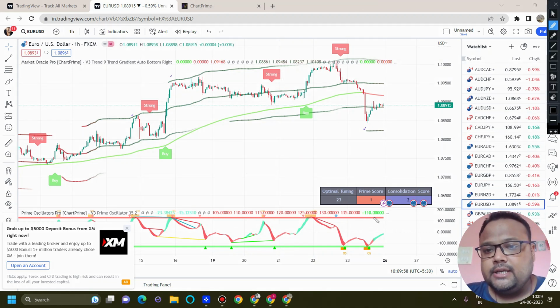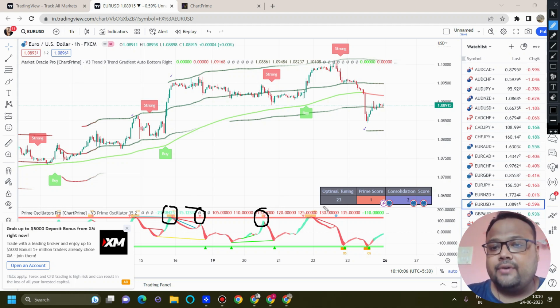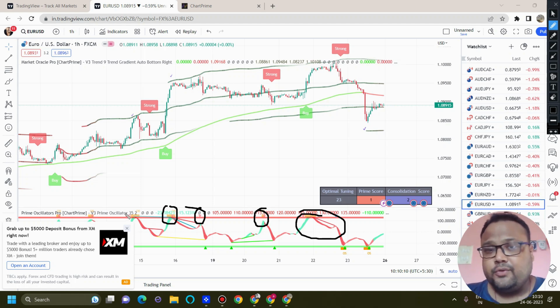When you see that the oscillator is giving you a sell sign like this, you can go for a sell position. Instead of a sell sign, if you also get a divergence like this, then also you can go ahead with a sell position. But if the trend of the market is towards the downside, try to follow the trend of the market. Use your own analysis along with Chart Prime, then you will be able to achieve much better results.